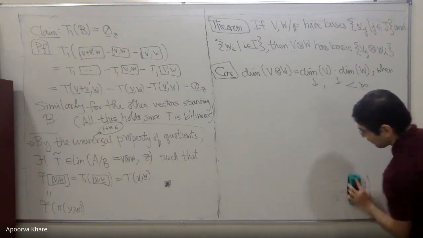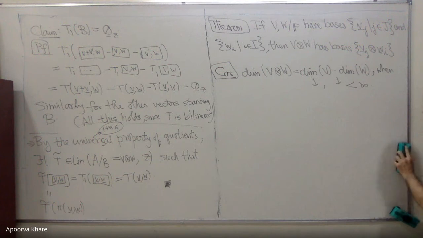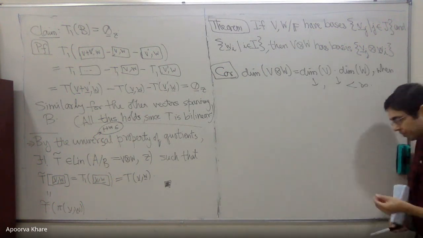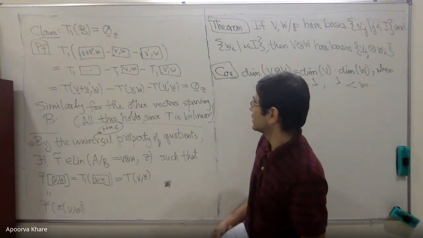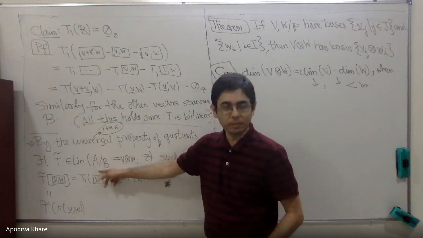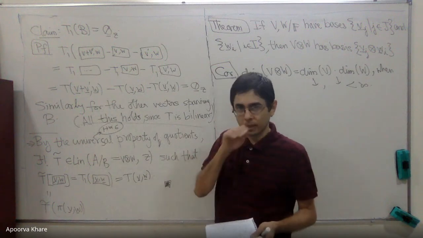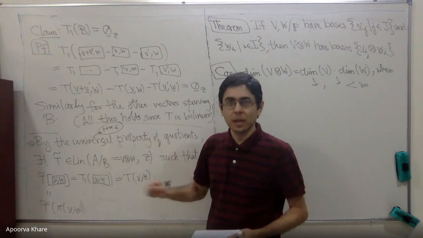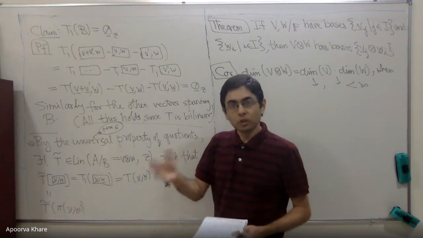But that's the point. I want to show you in this course already what is the power of this universal property. We have explicitly constructed the vector space V tensor W as A quotient by V, where A is some big space, V is some small space. But beyond the construction, construction is great to prove existence, but the uniqueness part follows from the universal property.